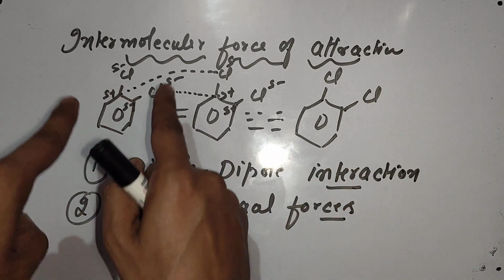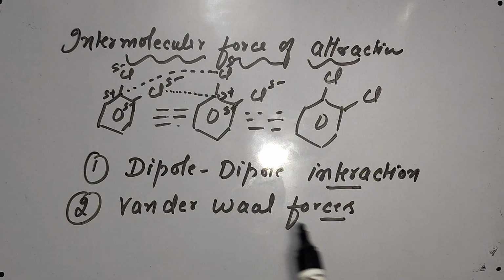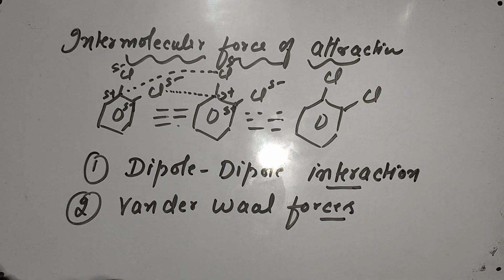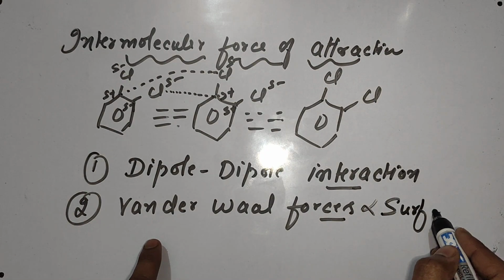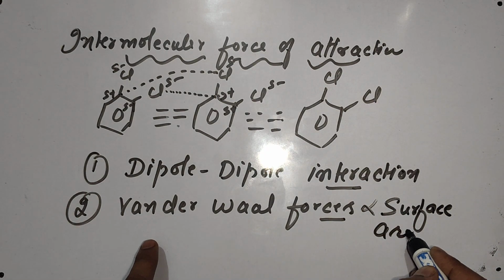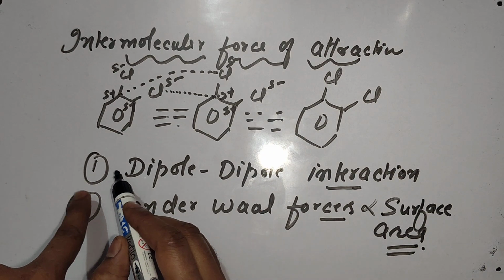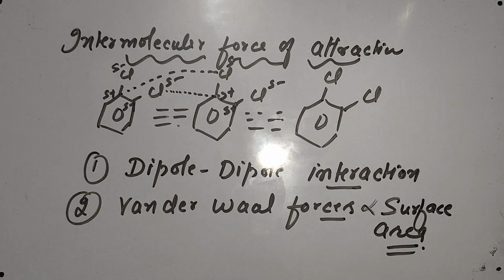It is decided by the overall dipole moment, which we calculated in the previous video. So if the overall dipole moment is high, dipole-dipole interactions will be high. Van der Waals forces depend on surface area. So one by one, I will discuss each force and we will try to find out the pattern of boiling point. First, dipole-dipole interaction.